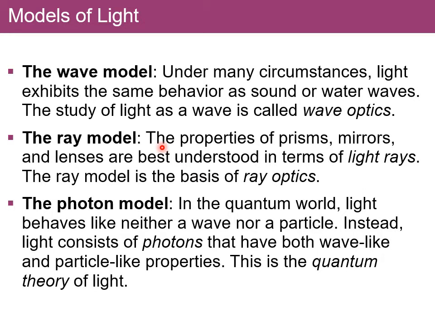The ray model is the basis of ray optics. The photon model. In the quantum world, light behaves like neither wave nor a particle. Instead, light consists of photons that have both wave-like and particle-like properties. This is the quantum theory of light.